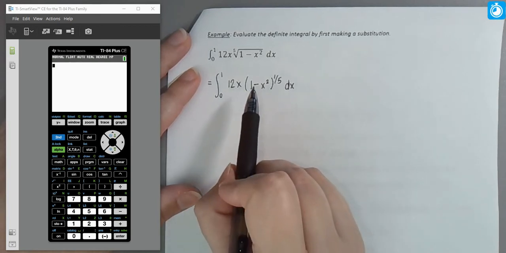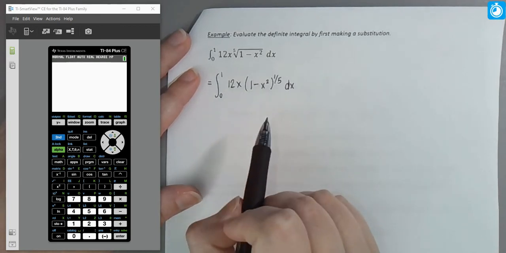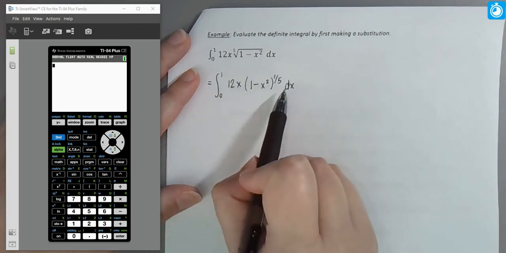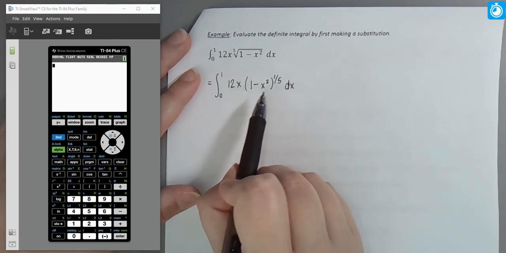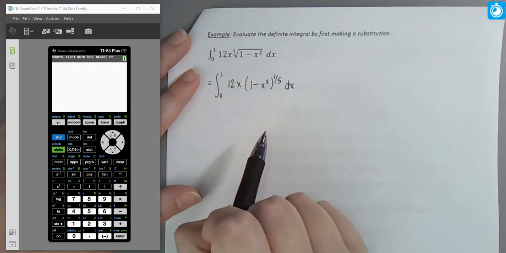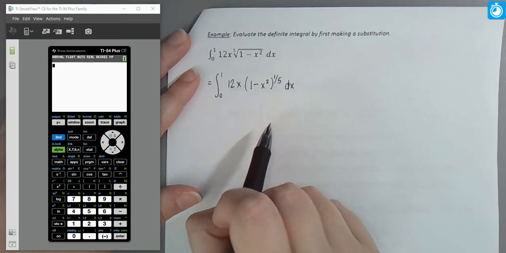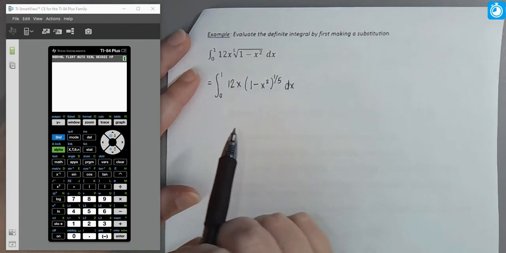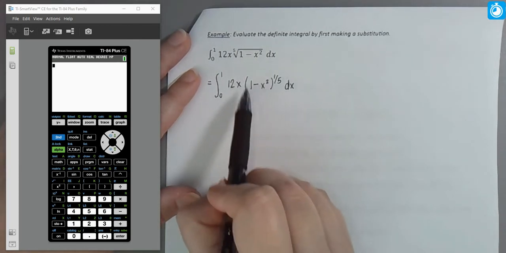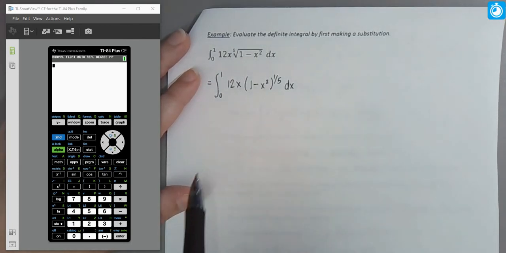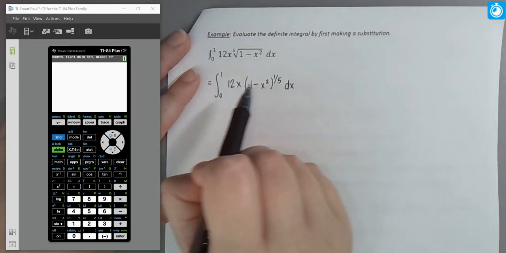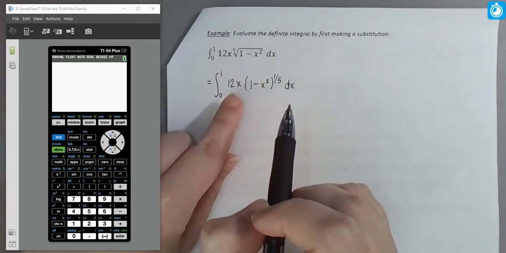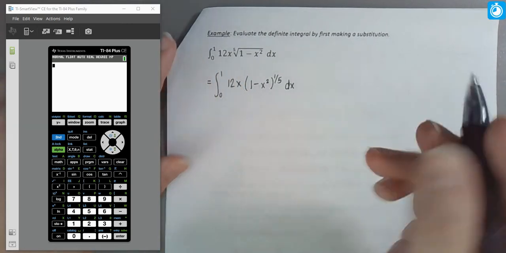But first we need to verify, do we have the derivative of our inner function present in this problem? Well, the derivative of our inner function would be negative 2x. And I don't see a negative 2x, but at least I see the x. I see 12x. So I see some multiple of my derivative. So that means we're good to substitute using this as our inner function because we have a multiple of its derivative in the problem.